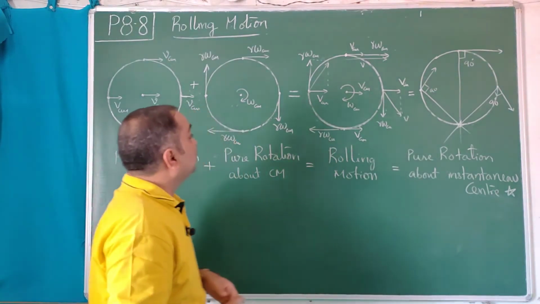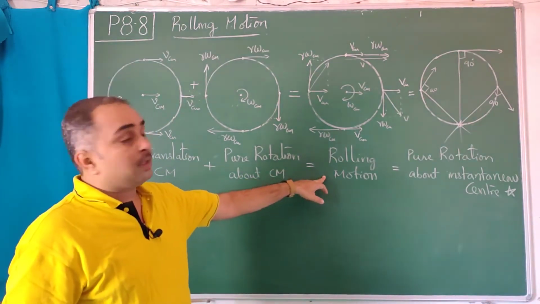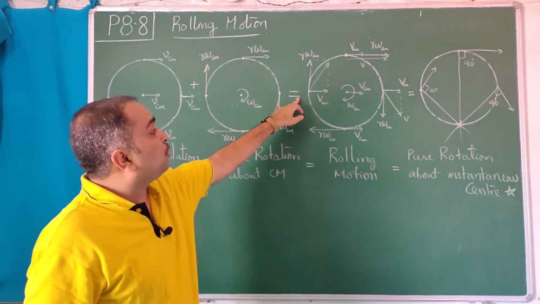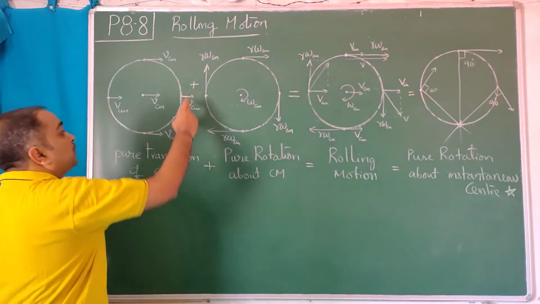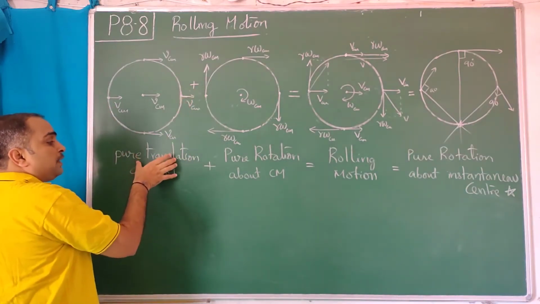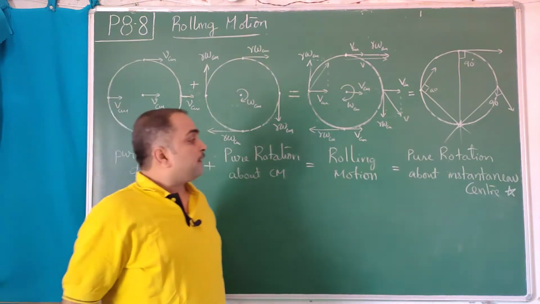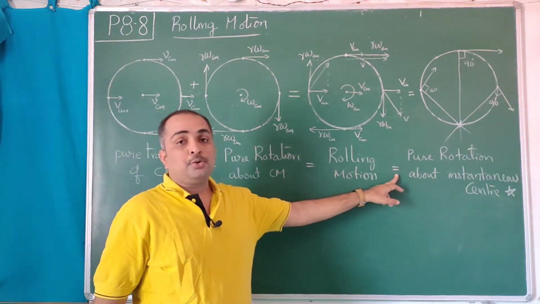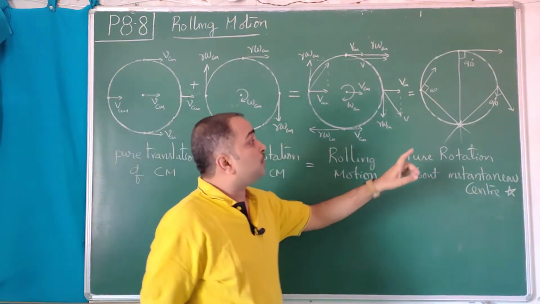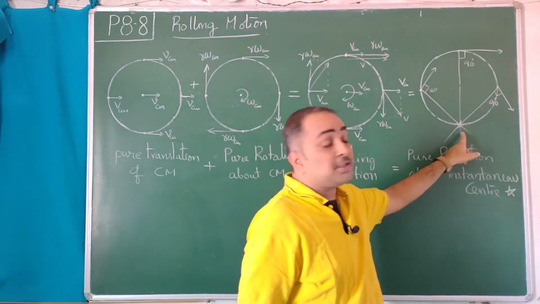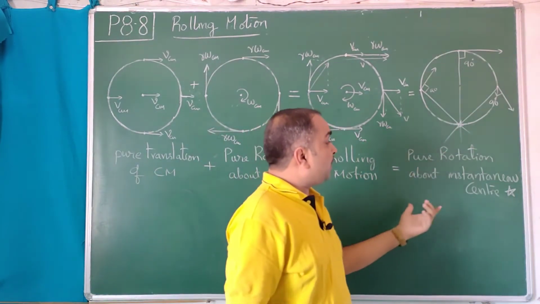That is rolling motion. So rolling motion is mathematically a combination of pure translation without rotation and pure rotation without translation, or it is mathematically again equivalent to pure rotation not about the center, but about the instantaneous center. And how to get the instantaneous center?